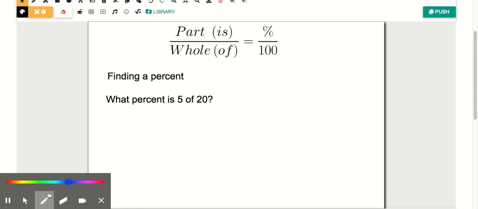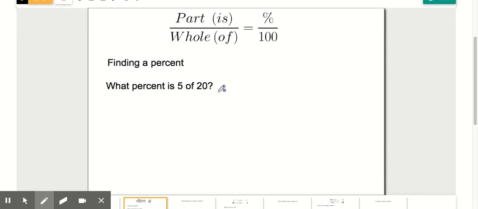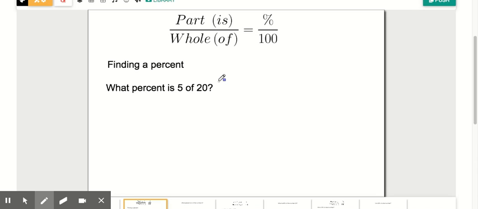Now we have finding a percent. Using this percent proportion, we're going to try to find a percent of a number. And we have this question here: what percent is 5 of 20? First, I'm going to write out my proportion and put in all the information that I currently know.